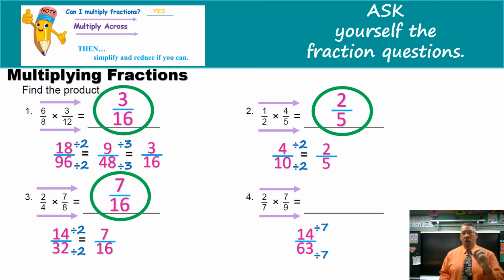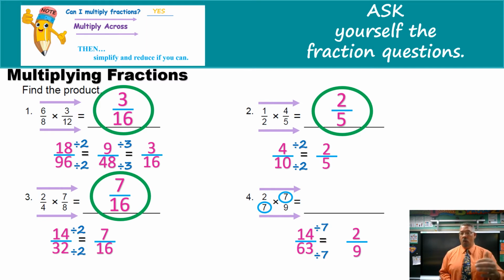If I go back and look at the actual problem itself, notice that in the numerator and denominator, I have a 7. If I have a 7 in the numerator and the denominator, then that tells me I can reduce by 7's. And 7 will go into 14 evenly 2 times, and 7 will go into 63 evenly 9 times.